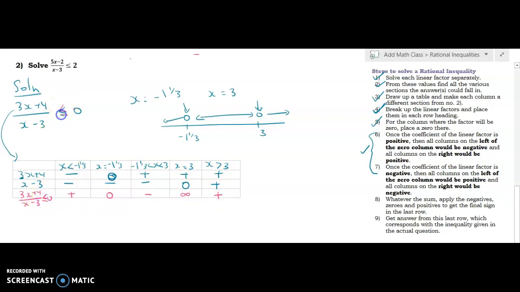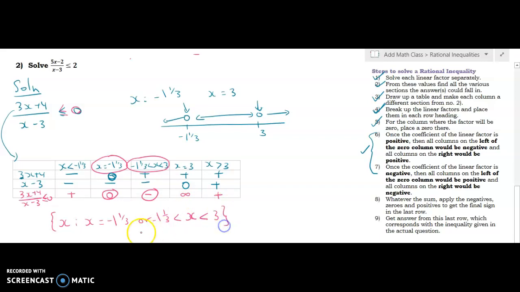That's here, right? Less than or equal to 0 means negative. That's this piece here, and also 0, so I want this one as well. So I'll simply say x such that x is equal to minus 1 1/3, or x is between 3 and minus 1 1/3.